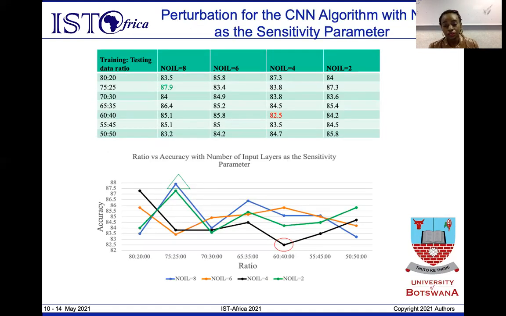And now my result. So when we look at this, we can see when we're perturbing the ratio versus accuracy, the highest accuracy was attained when the data ratio was 75-25, and the number of input layers is 8, with an accuracy of 75.9. And as you see, as you're reducing the number of input layers, the accuracy of the result just goes on reducing and reducing.